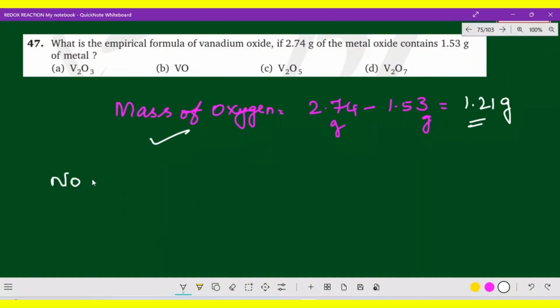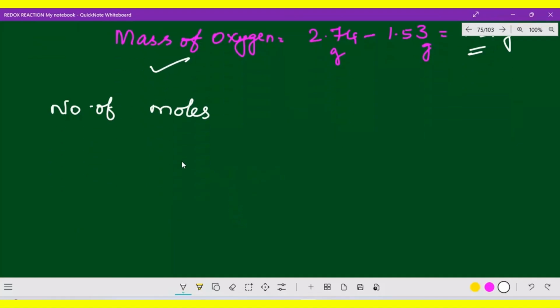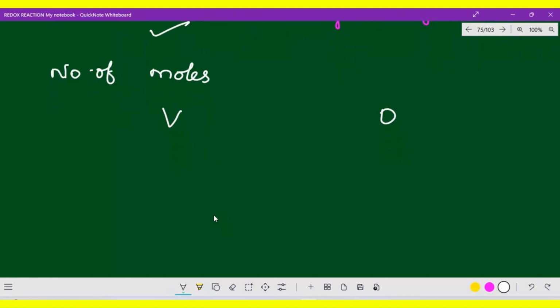So number of moles of vanadium and oxygen. I just put it this way so that we can easily compare vanadium and oxygen. Okay, vanadium, what is that? Given mass by molecular mass. Vanadium is actually a metal, so here given mass by atomic mass. Vanadium is an element, right?